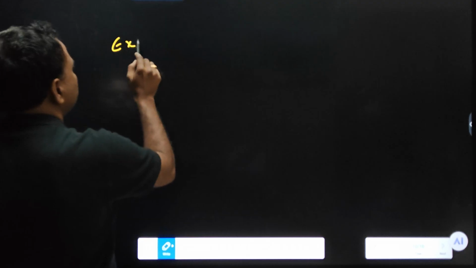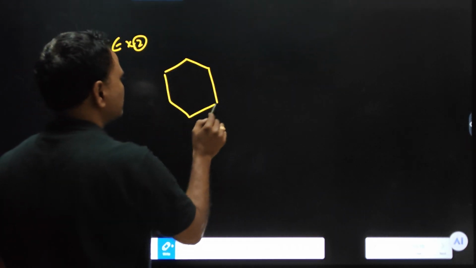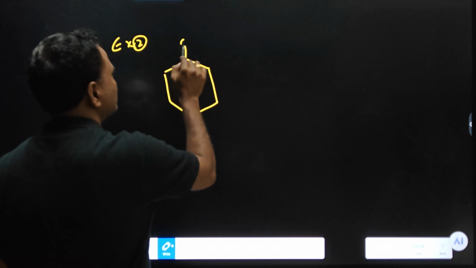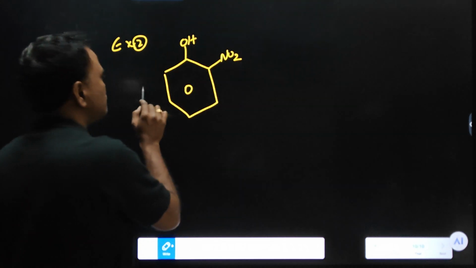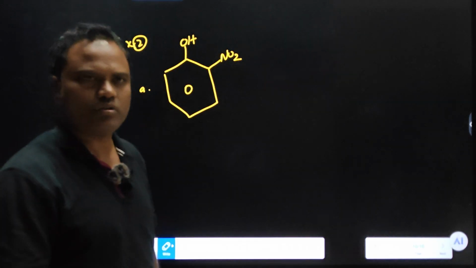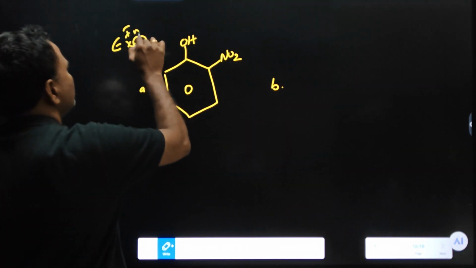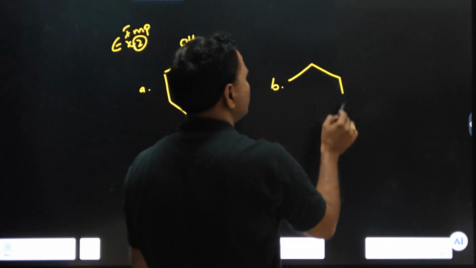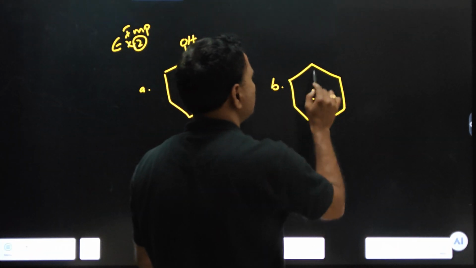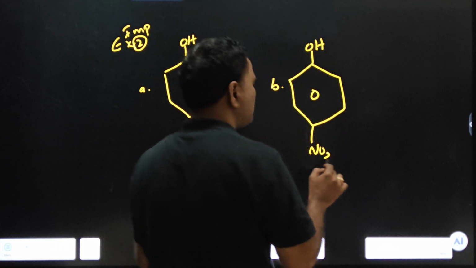Example 2. NO2 in the ortho position, ortho-nitrophenol. This is a very important example.